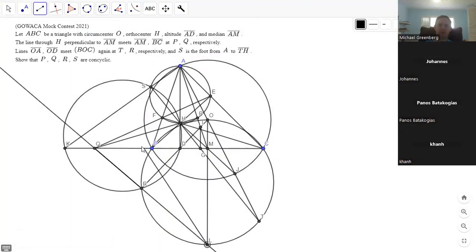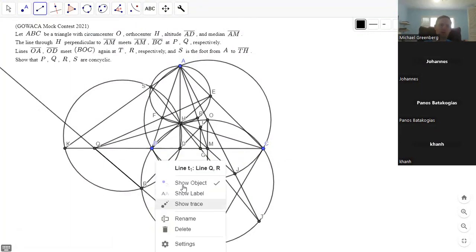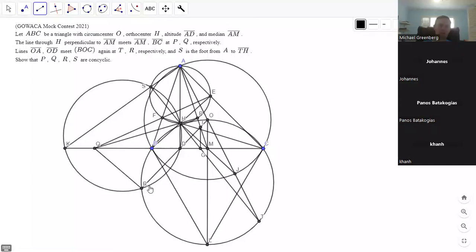LB and LC would be tangent. So yeah, T is defined in an interesting way, so we have to figure out how to use that.